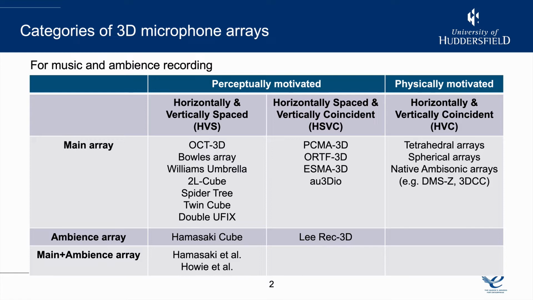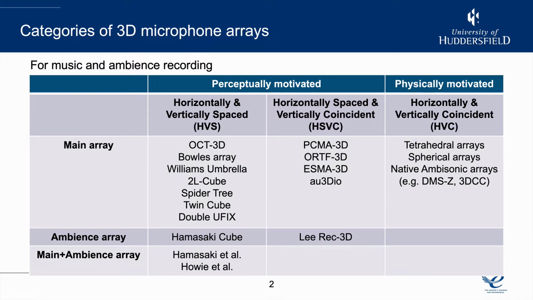Based on this, some 3D microphone arrays like PCMA3D or OLTF3D have been designed using the HSVC concept, where the middle and upper layers have no spacing, while horizontally arranged microphones are spaced for producing spacious images. We'll look into this principle a bit more later.